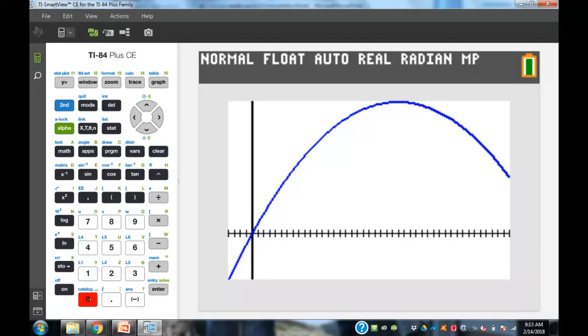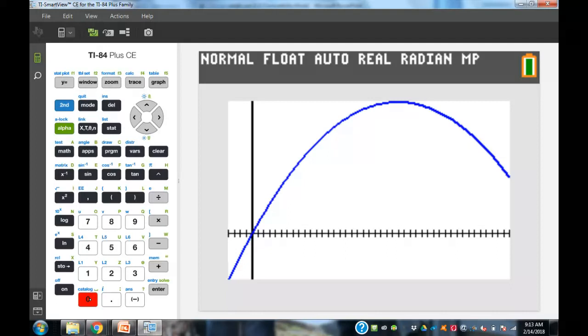You're getting the idea that it's a parabola, right? Not necessarily anything other than just making sure it looks like a parabola. As long as you see that it's a curved graph, it's a parabola. You should know that already.